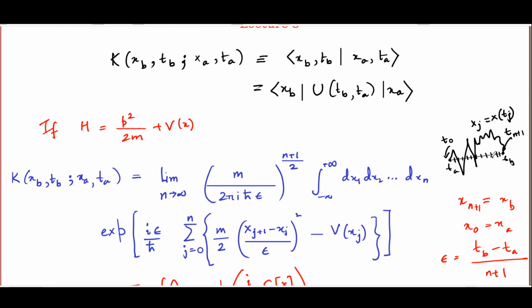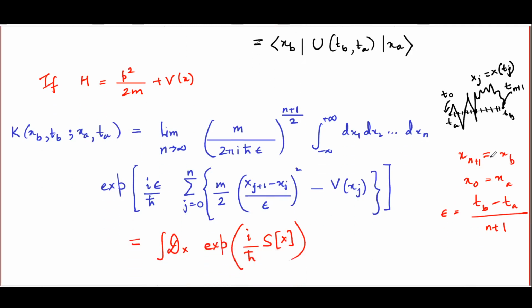So what we are doing is something which is called a path integral, and that is symbolically written here by this curly D of x, which is shorthand for this entire thing in the limit n goes to infinity. And what we are integrating is exponential i by h cross times the action for a particular path x.